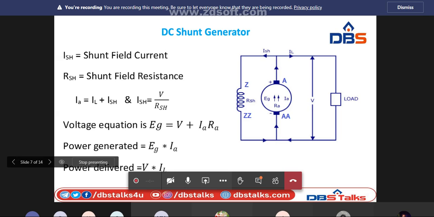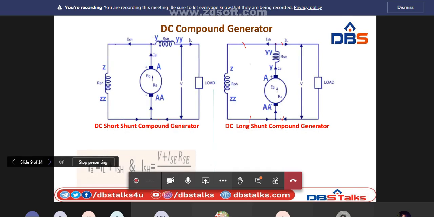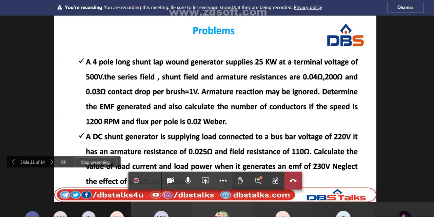So, voltage equation. First of all, calculate the Ish. Ish is equal to V by Rsh. V is 220 volts, Rsh is 110 ohms, so Ish is equal to 2 amperes, right?